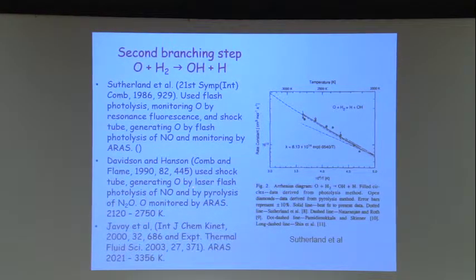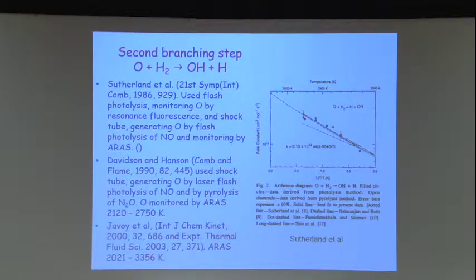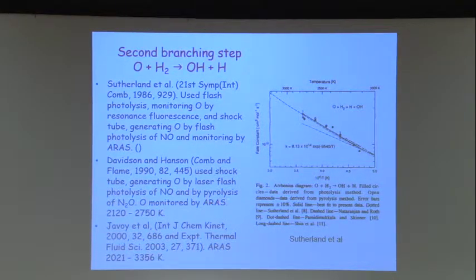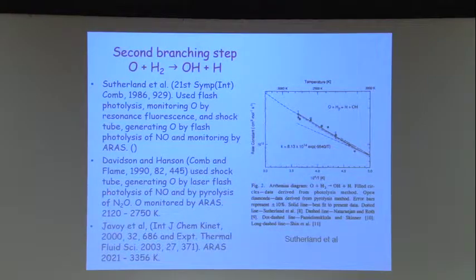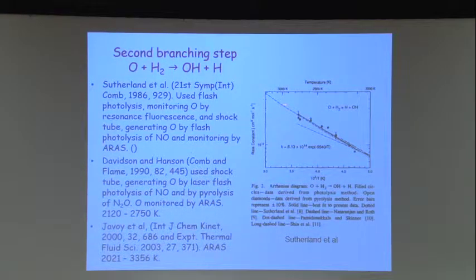Davidson and Hansen generated O by laser flash photolysis and also by pyrolysis, and they monitored the O by absorption spectroscopy. ARAS is atomic resonance absorption spectroscopy. And then a set of measurements, again using the same technique down here. And you can see that the rate constant is reasonably well defined over this quite high range of temperatures.